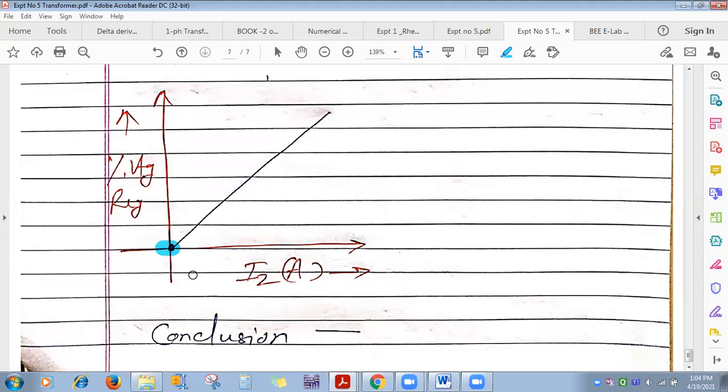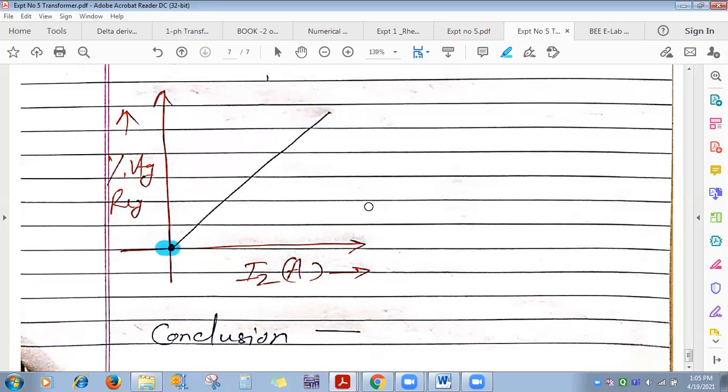The formula is E2 minus V2 upon E2, so E2 minus E2. Voltage regulation will be 0 at no load. That's why the graph will start from the origin. And as you increase load, I2 increases, I2 R2 drop increases, E2 is constant, V2 decreases, and that's why voltage regulation will go on increasing.